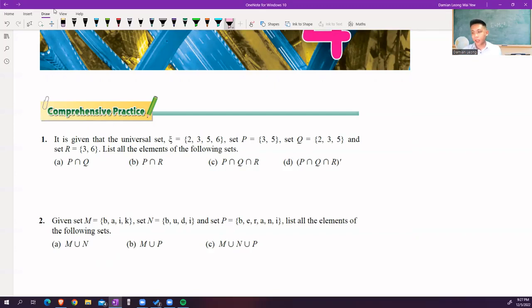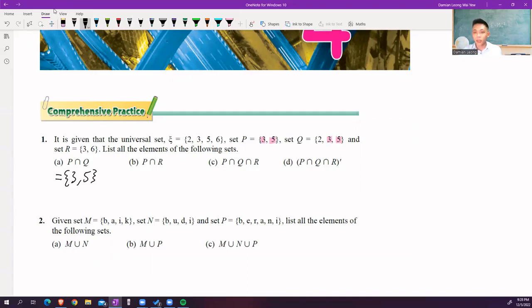So P intersect Q. We compare set P and set Q here, the elements that they have in common. Both of them have 3. Both of them have 5. So both 3 and 5 are the intersection of set P intersect Q. The answer here is 3, 5.